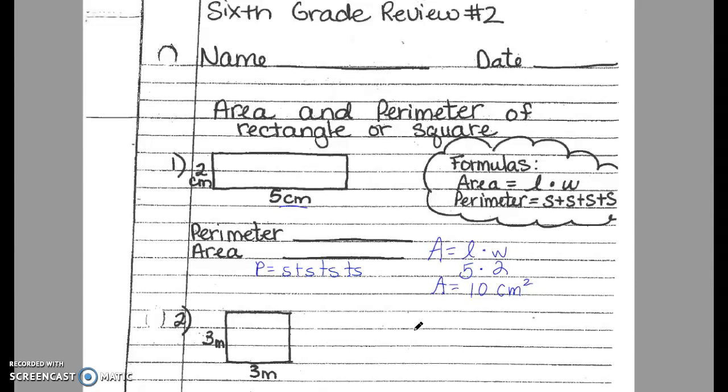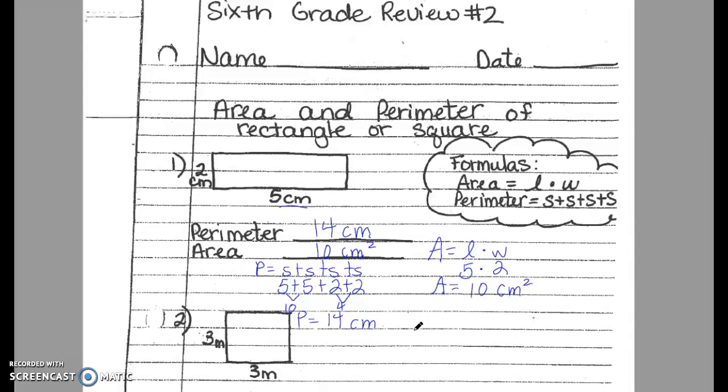Now I can write down my sides in any order, it doesn't matter, but I'm going to do 5 plus 5 plus 2 plus 2 first, and then I'm going to say 5 plus 5 is 10, 2 plus 2 is 4, add them together, and P equals 14 centimeters. So guess what I'm going to write on my lines? Perimeter is 14 centimeters, and area is 10 centimeters squared.